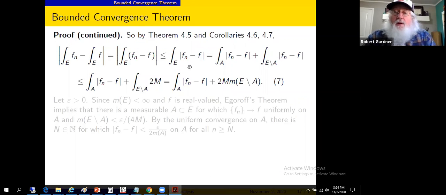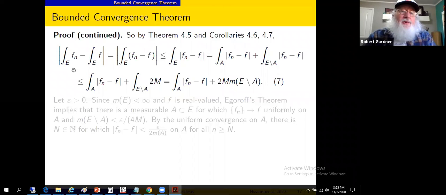All right. By theorem 4.5 and the two corollaries we had, so this is the stuff we know about class 1 functions so far, the linearity and monotonicity, along with the addition over the sets we just used, and that thing with absolute values that we established as well.